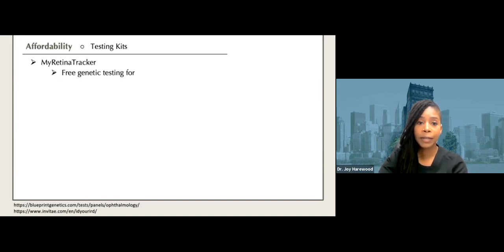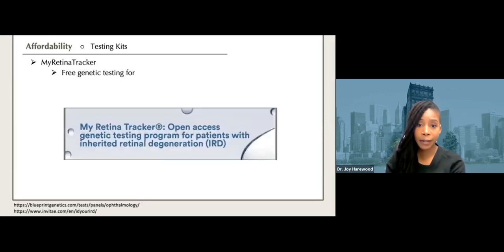In terms of affordability, a number of times we might suspect some sort of hereditary retinal disease for our patient, and previously, genetic testing has been prohibitively expensive. Now we have things like My Retina Tracker, which is an open access genetic testing program for patients with inherited retinal degenerations. As a provider, you can go on their website, there's this Nucleus portal, and you can order the testing kits.